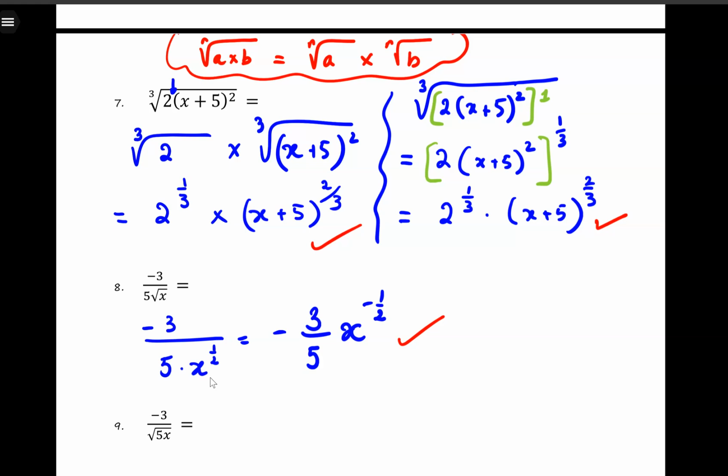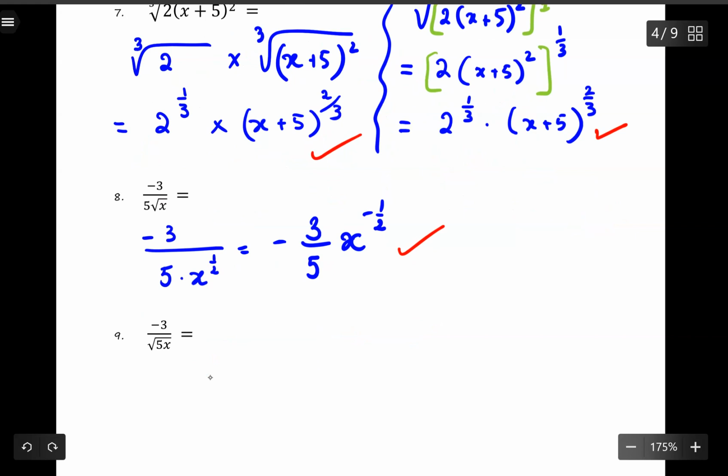Alright, okay. So for number 9, I would like everyone to pay attention to number 8 and number 9 and compare the difference between these two. The difference is this: for number 8, 5 is outside of the radical, 5 multiplied by the square root of x.